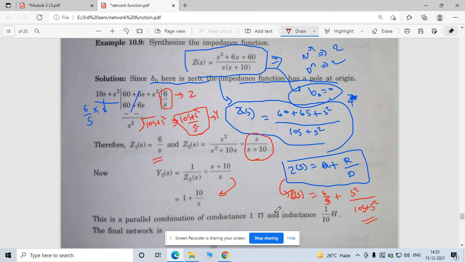So Y2 of s represents a parallel combination of one conductance plus 1 by cs, which generally represents your inductor in admittance format.